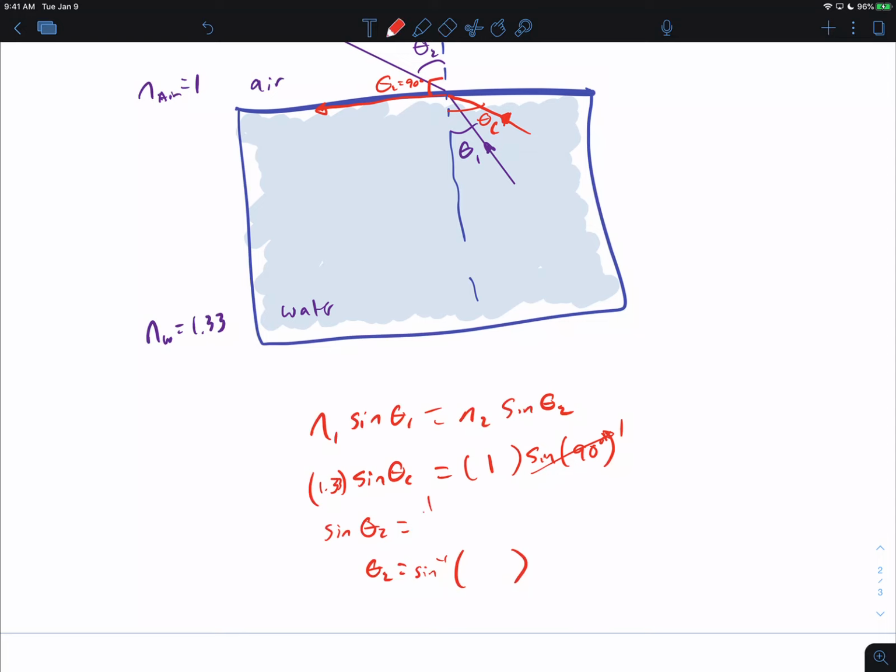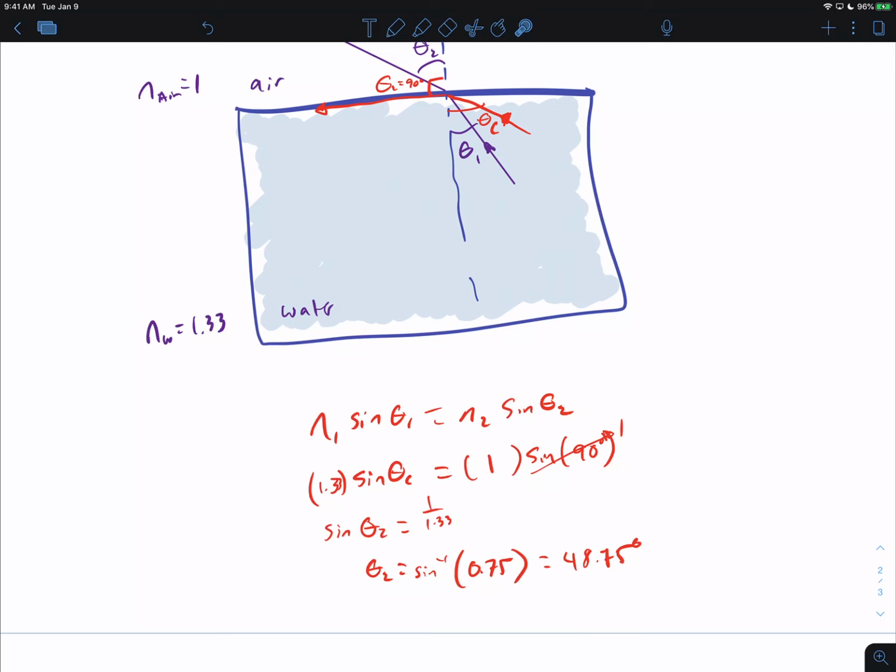So this is 1 over 1.33, which is 0.75. And this is equal to about 48.75 degrees.